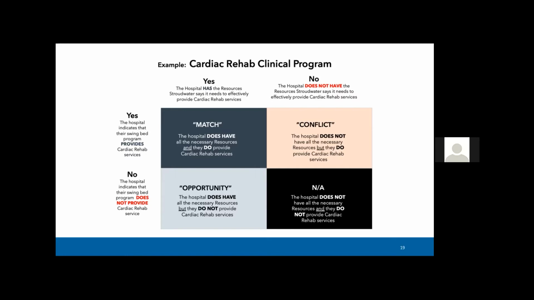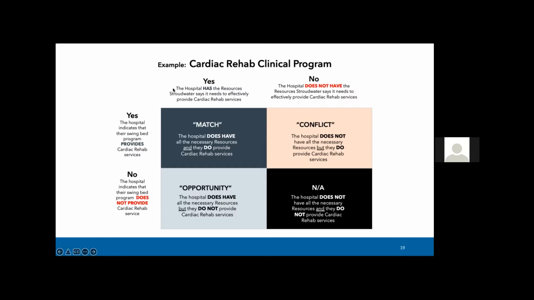And some of you all have filled out the swing bed directory, and you come up with this opportunity matrix, and it helps define if there's an opportunity based on your inputs related to your resources and your services provided, or if there's a conflict or a match. And so this will help to start to create some questions and answers around who do we keep and who do we not accept in our swing bed program? And what does our swing bed program look like from an overall service delivery programmatic standpoint?